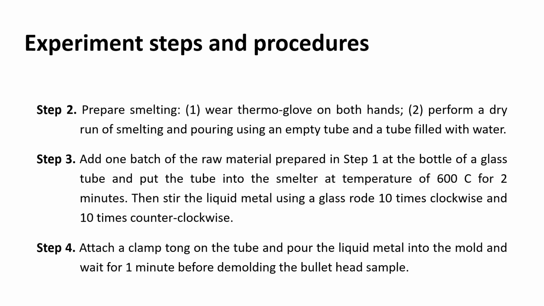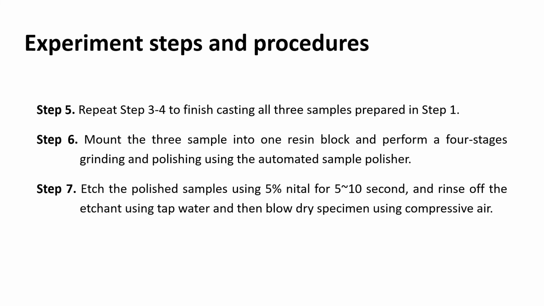Then stir the liquid metal using a glass rod 10 times clockwise and 10 times counterclockwise. Step 4 is to attach a clamp tongue on the tube, pour the liquid metal into the mold, and wait for a minute before removing the bullet head sample. Step 5 is to repeat steps 3 and 4 to finish casting all 3 samples prepared in step 1.